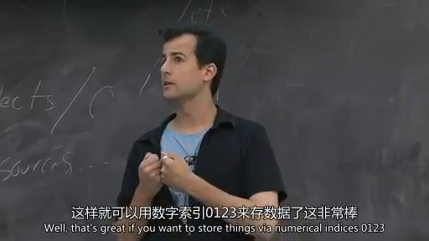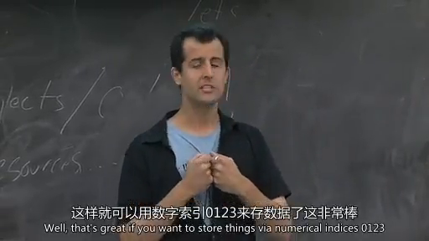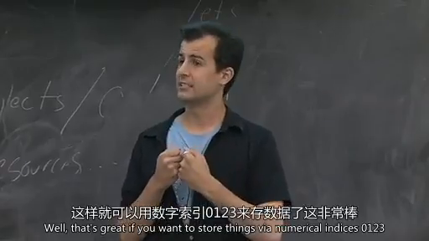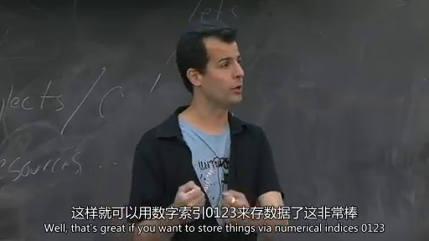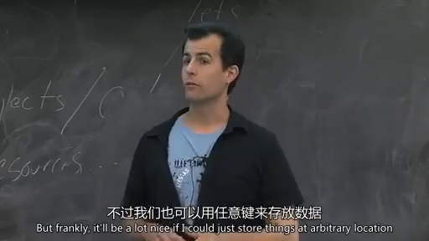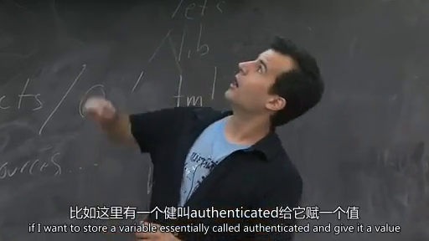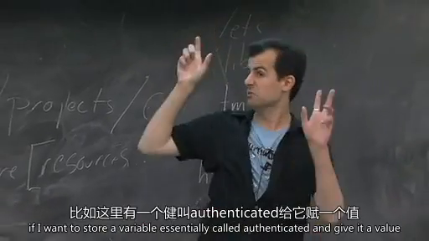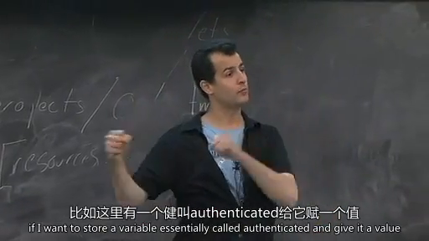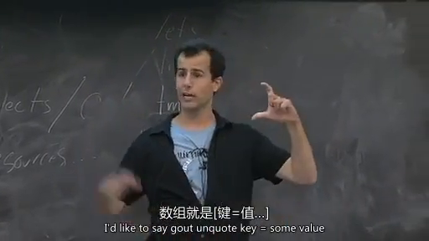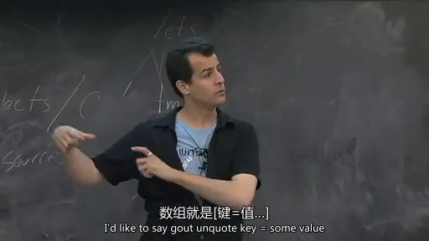Well, that's great if you want to store things via numeric indices, 0, 1, 2, 3. But frankly, it'd be a lot nicer if I could just store things at arbitrary locations. If I want to store a variable, essentially called authenticated, and give it a value, I'd like to say, open bracket, quote unquote, key equals some value.